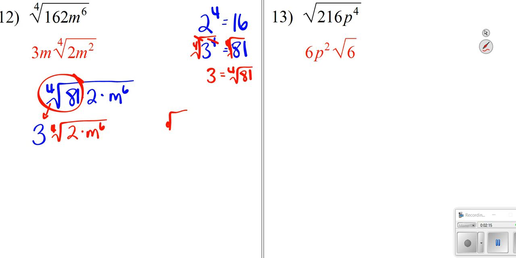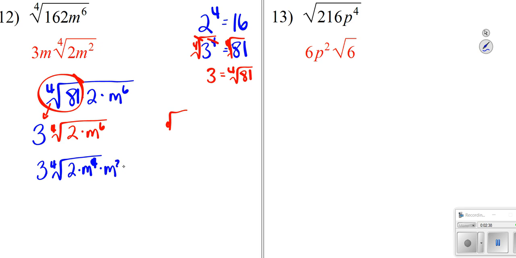Alright, so the 3 comes out, and we have the fourth root of 2 times m to the 6. Well, how do we get rid of the m to the 6? If we have an index of 4, then that means we can take out 4 of a variable at a time. So I can take out 4 at a time, and how many would be left over?